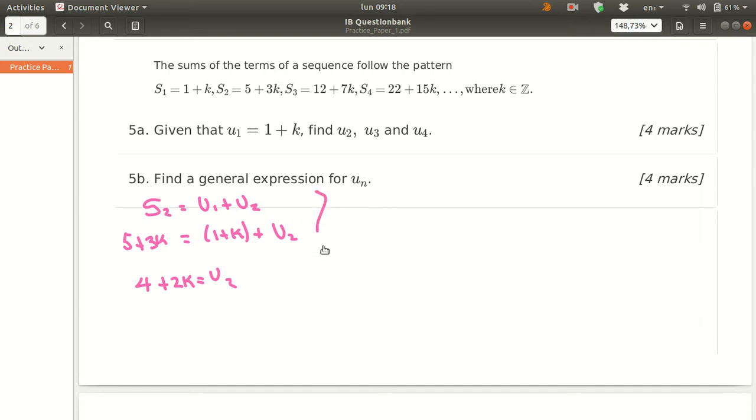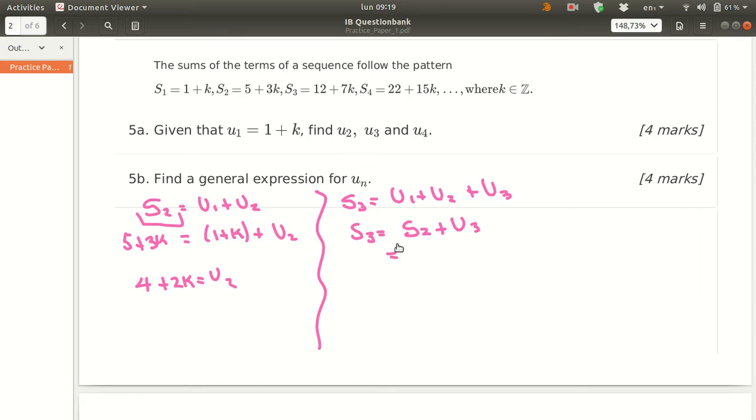So let's work on u3. I know that S3 is u1 plus u2 plus u3. I can plug in u1 and u2, but I already know that this is the same as S2. So S3 is the sum of the first two plus the third term. So let's replace what we know.